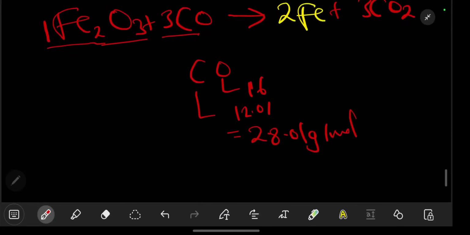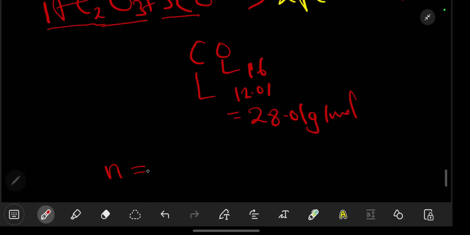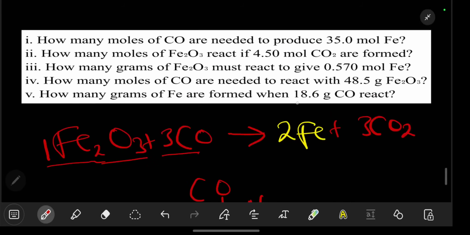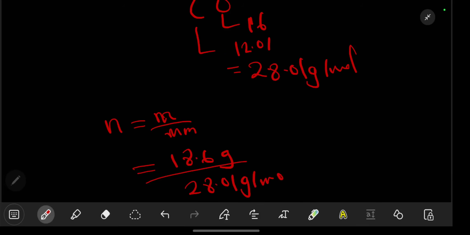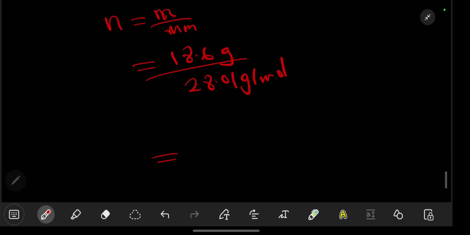Then we are just going to say the number of moles is equal to the mass over molar mass. The mass provided is 18.6 grams, over the molar mass of 28.01 grams per mole, which is 18.6 divided by 28.01.